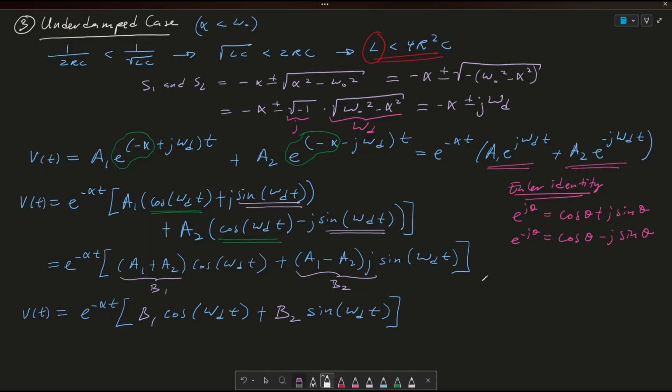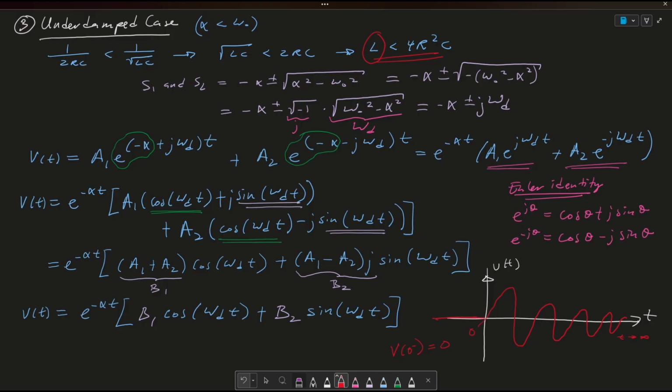Lastly, let's go ahead and graph this function. So we have v of t with respect to time, where again, I'm going to consider that the initial voltage V0 across my capacitor is equated to 0. So it's 0 here. And this function is basically going to be oscillating all the way, and it reaches 0 as t approaches infinity.